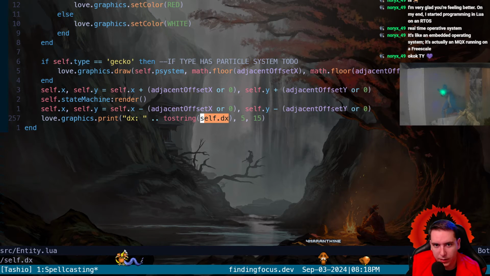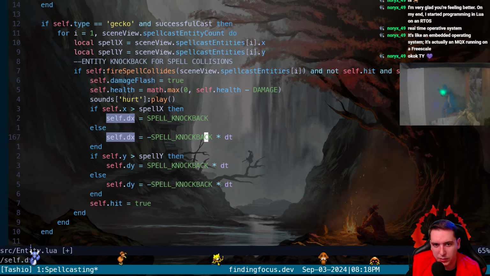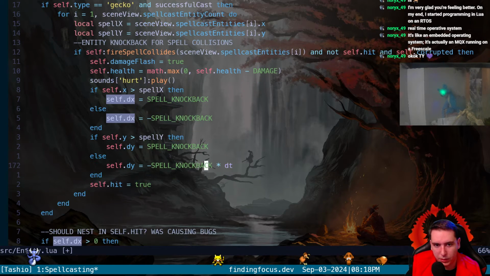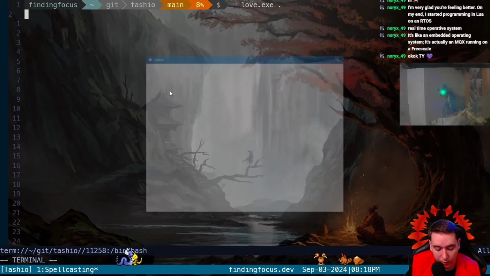Okay, so I think since our dx doesn't exist over time, it's just a value. I think we can not scale... Well, let me just get rid of this and we'll see. We're going to have to cut down our spell knockback by quite a bit to make this not crazy. So let's just put 10 in here and see where that gives us.